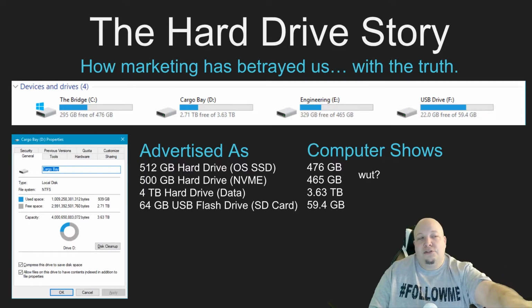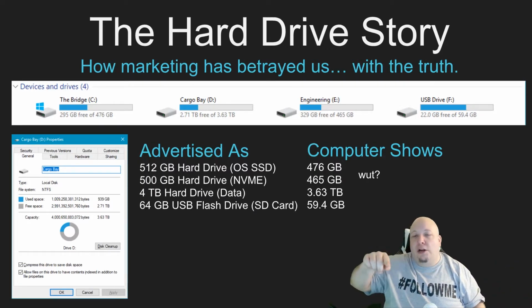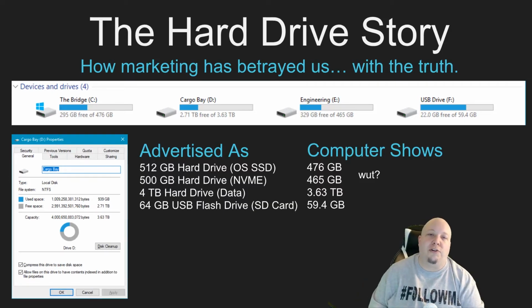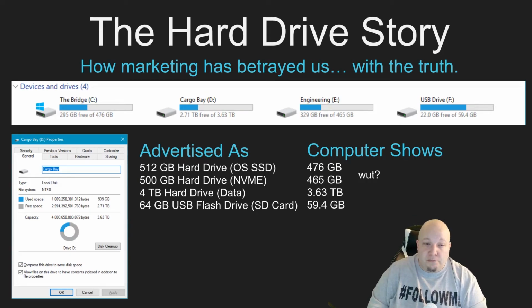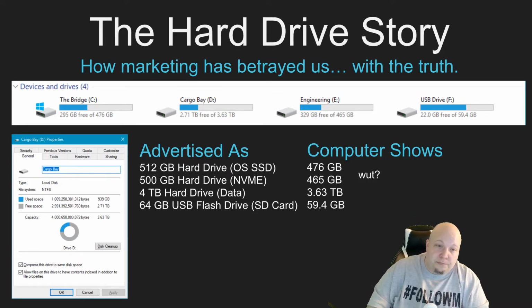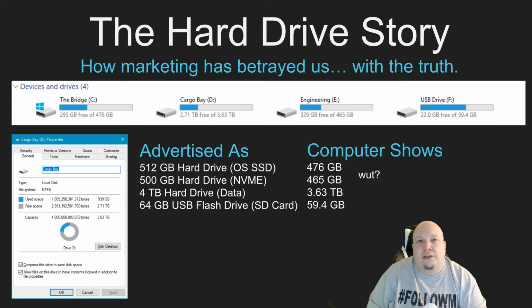So if I take a little screenshot, you can see that I've got 3 hard drives and a USB drive on my computer. And when you look at the as advertised section, I bought, for example, a 4 terabyte hard drive, and that's what it was advertised as when I was buying it.